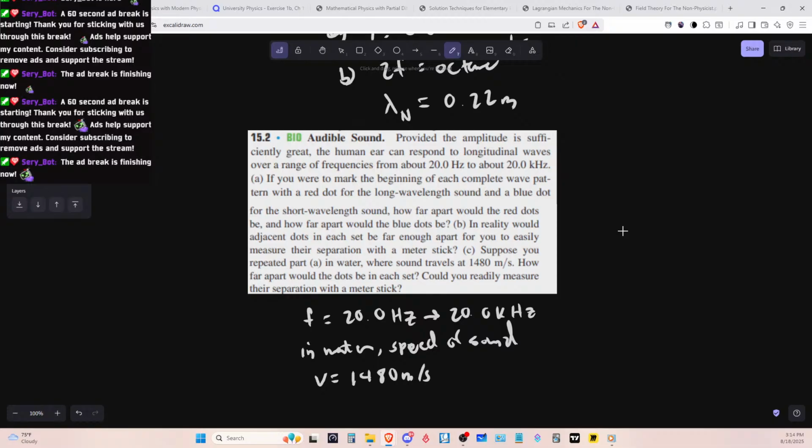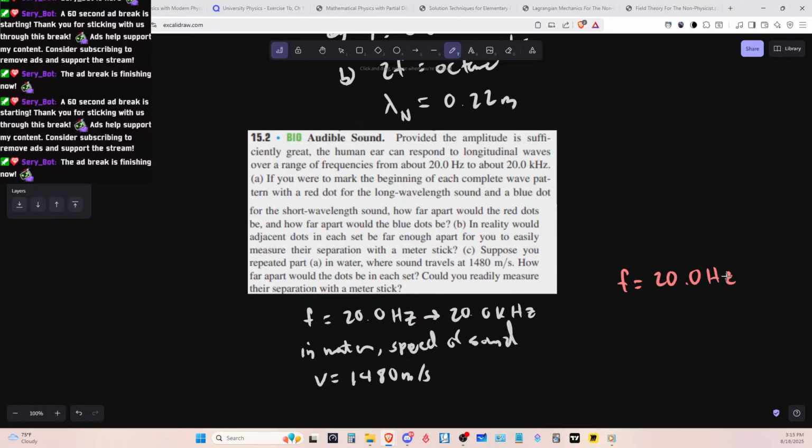So I'm guessing 20 hertz is reflective of maybe the red wavelength. And then, so let's just, so we'll say red is, so the frequency for the red one, I think it will be 20 hertz.